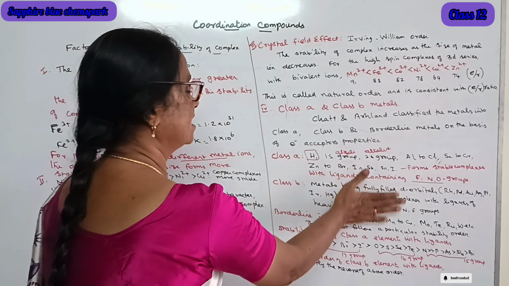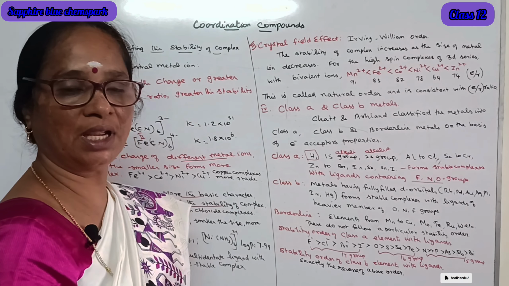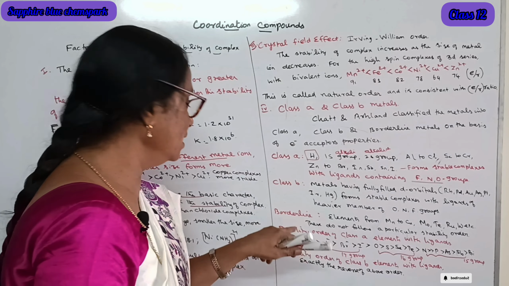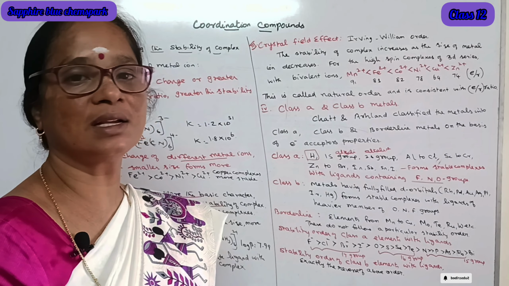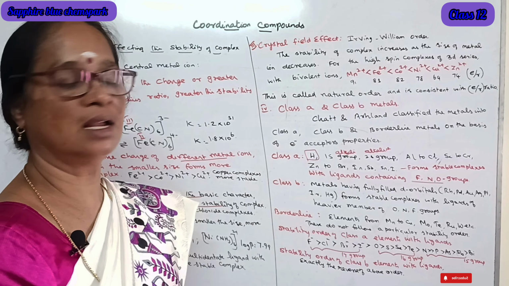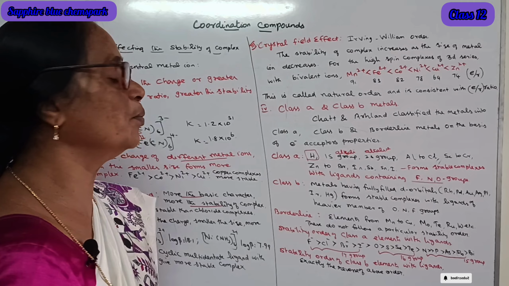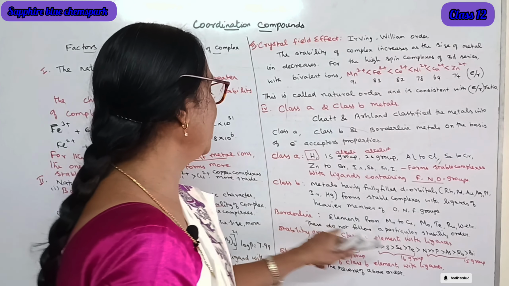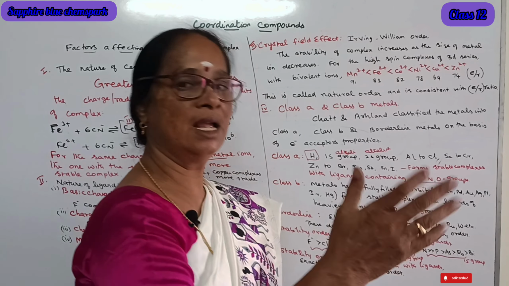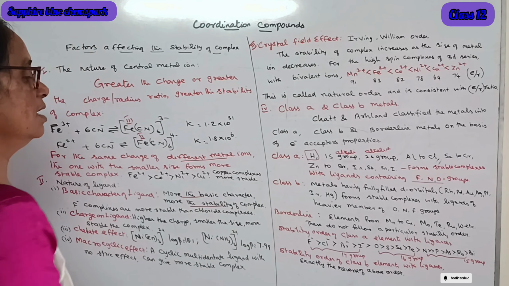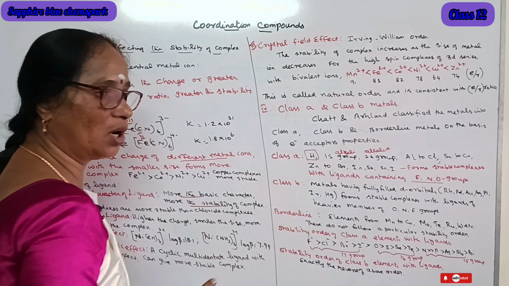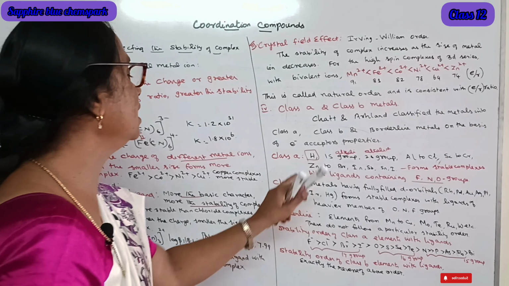Except for class A and class B, the rest of all the metals belong to borderline, and these complexes do not have any particular stability order; it may vary. So those elements are said to be borderline elements, and those metals are manganese to copper, molybdenum, technetium, ruthenium, tungsten, etc.